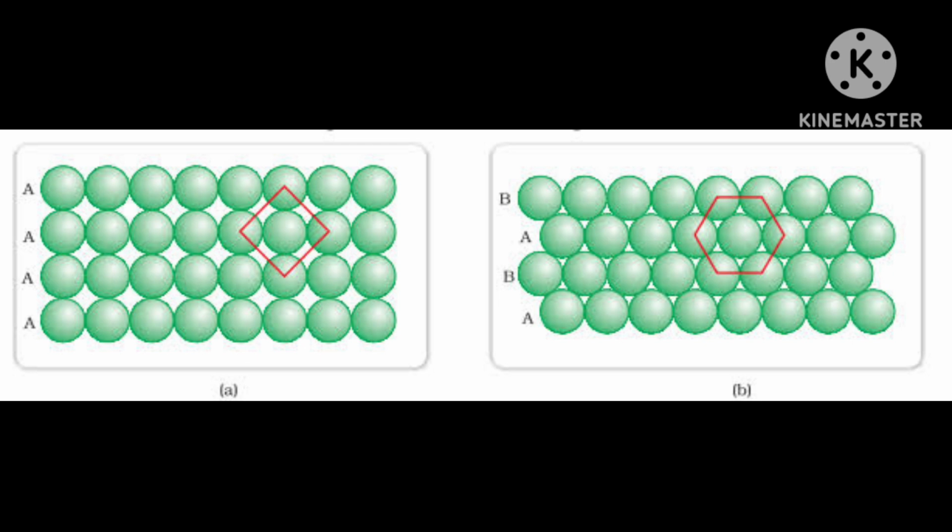That's why this became a new arrangement. This is called A, and above A you put other spheres, which is called B arrangement, because the arrangement is a little different, B type.